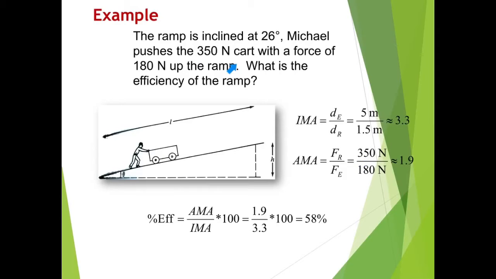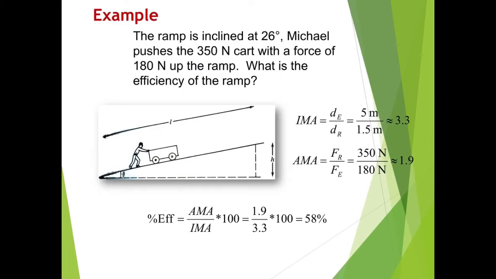Now Michael, with his big strong muscles, is pushing this cart with a force of 180 newtons. So that means his effort force is 180 newtons. I plug this into my calculator and I find that it's approximately 1.9.